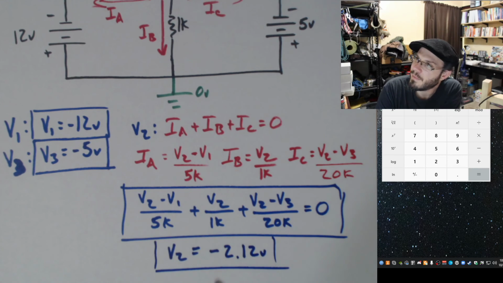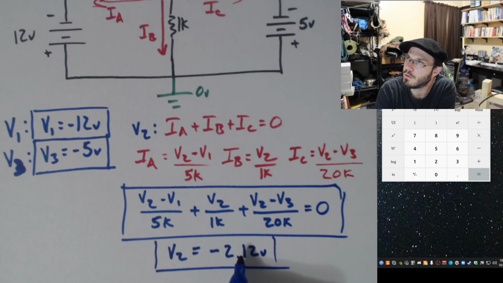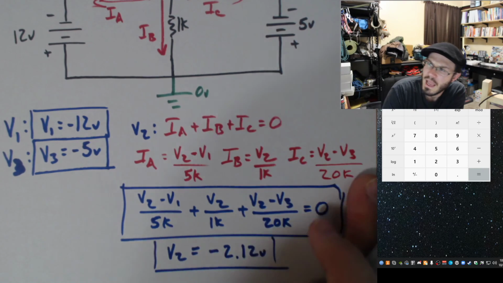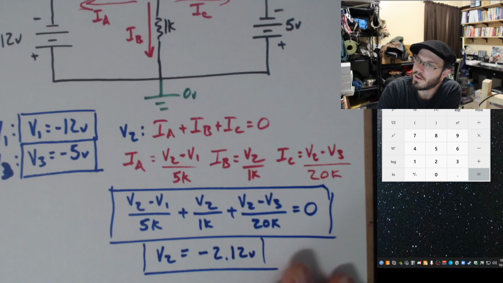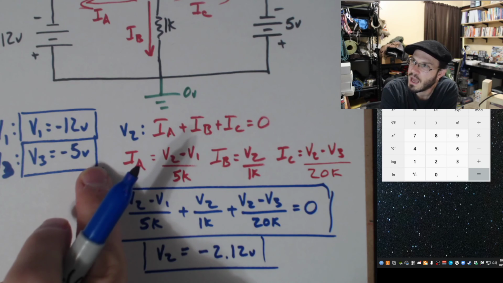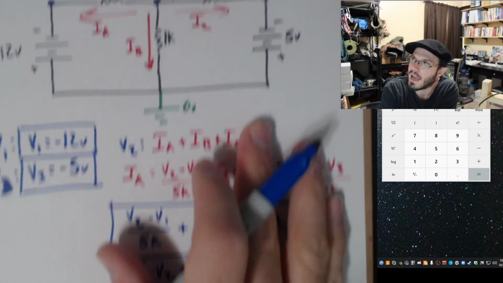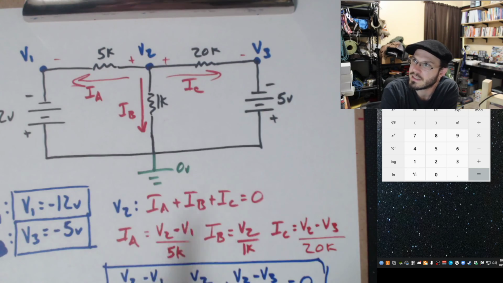All right, so I have my three voltages, V1, V3, and minus 2.12. At this point, all of this work was just for finding these three values. Once we have these three values, I don't care about this equation. I don't care about these current directions. I don't care about any polarities that I wrote down.